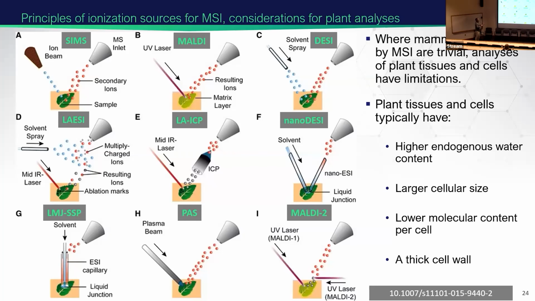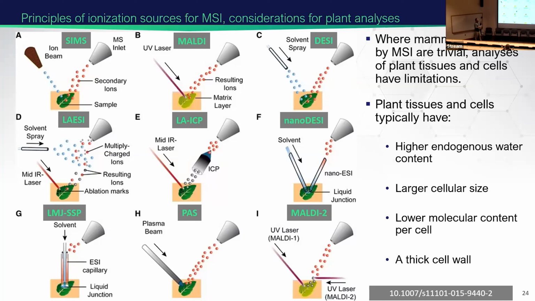So like I said, there are a lot of acronyms within this, but when we talk about plant tissues, and as Dušan had mentioned, there's higher endogenous water content. You can think that putting something at ultra-high vacuum with a lot of water inside of it is not going to be a good time for anybody. But also, plants typically have a larger cellular size, whereas a lot of these fungi and bacteria will be submicron.